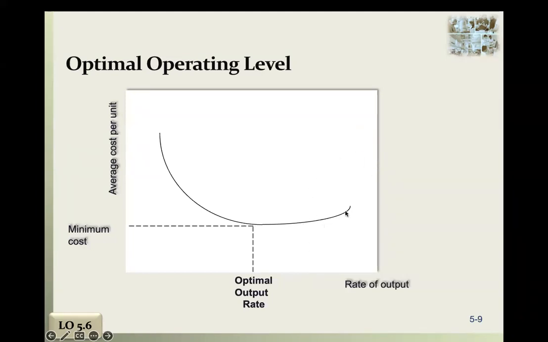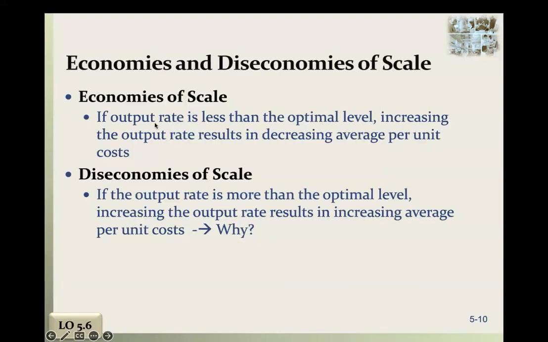And that point would be called diseconomies of scale. Now, here you see economies of scale. If the output rate is less than the optimal level, then increasing the output rate results in decreasing average per unit cost. And then diseconomies of scale is on the other side.